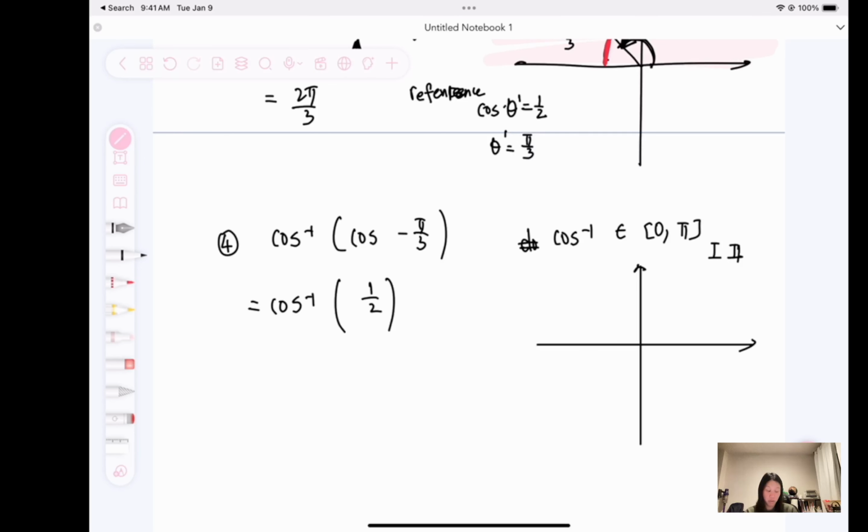So that means it has to be the first quadrant, because if cosine is in the second quadrant, you would expect the ratio to be a negative number. Okay, if the output is 1/2 in the inverse function, then the input, the measurement should be pi over 3.